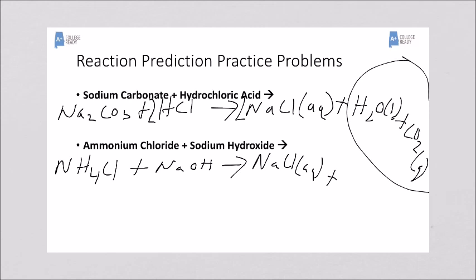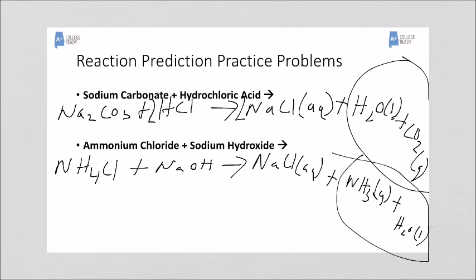Remember that compound is unstable and breaks apart to yield ammonia, a gas, plus water, a liquid. Again, check to make sure that it's balanced, and this one is balanced as written. So that is a double replacement reaction between two salts. The reaction does occur because it creates a gas and a liquid.